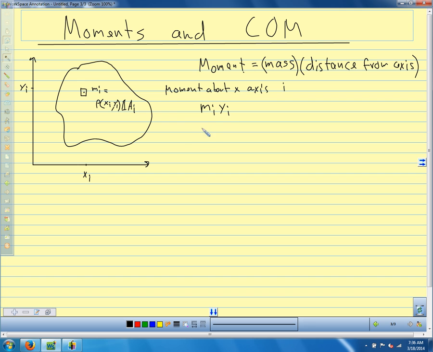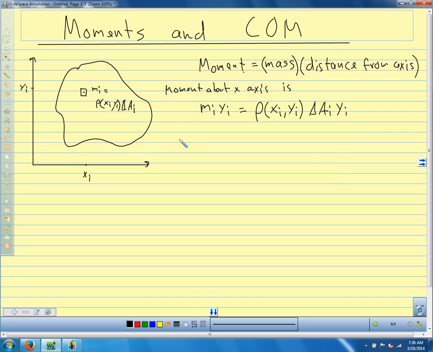We're just multiplying that mass times its distance from the x-axis, and that's going to be rho at that particular point times the area at that particular point times y sub i.